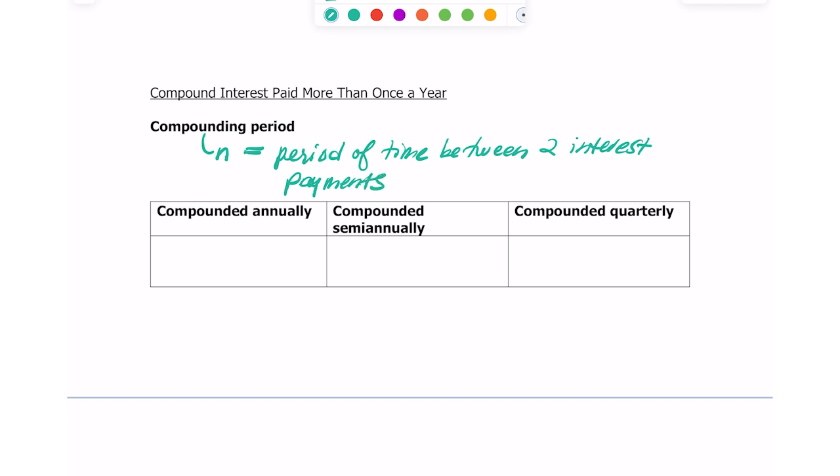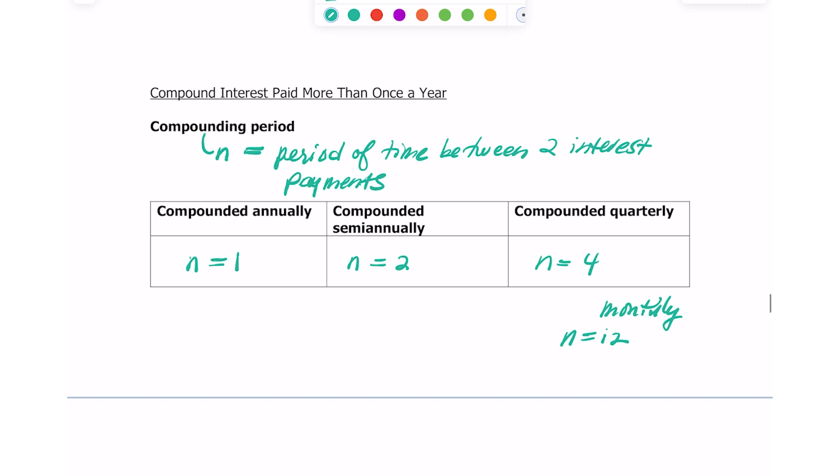If you were compounding annually, N would be 1. If you compound semi-annually, that means 2 times a year. Compounded quarterly means 4. You might also see compounded monthly, and you can probably guess N would equal 12 because there are 12 months in a year.